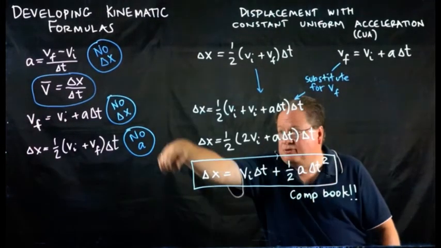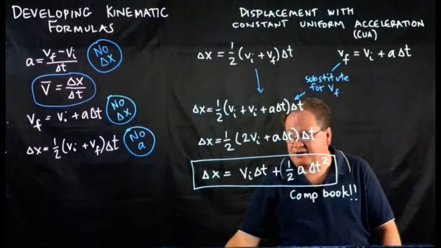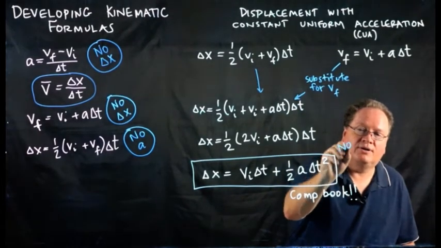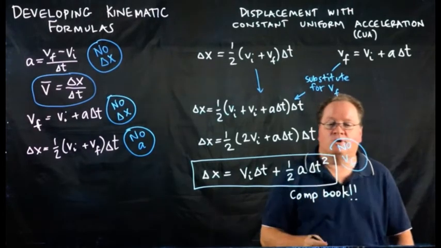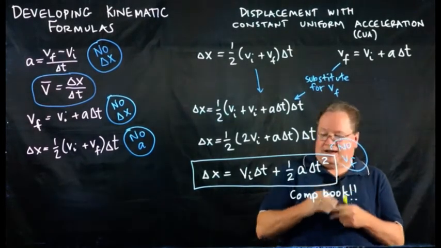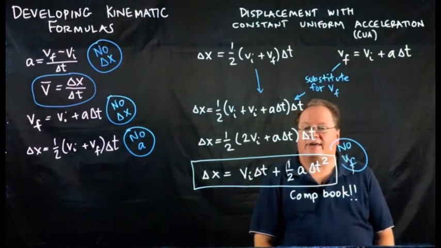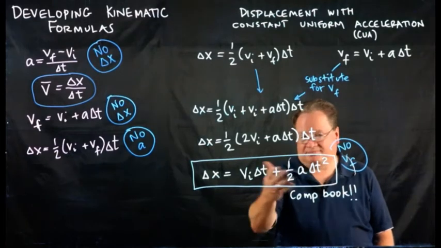Just like I wrote know this, know that over there, there's something else that's missing here. This one has no vf. All right, so if I'm looking at a problem and I don't know what vf is, I can use this to help me out. All right, if I don't know vf but I don't care about vf, this is my go-to.